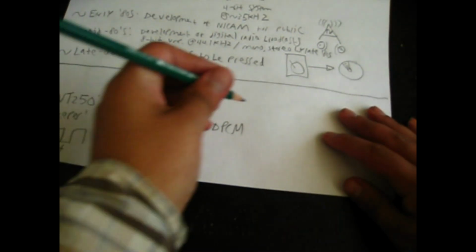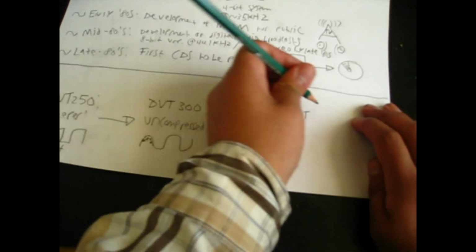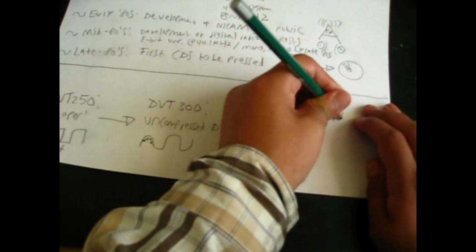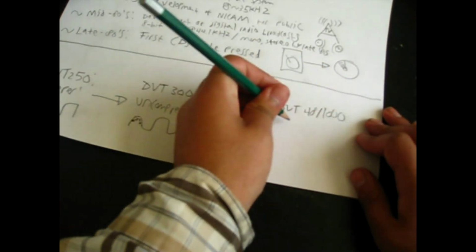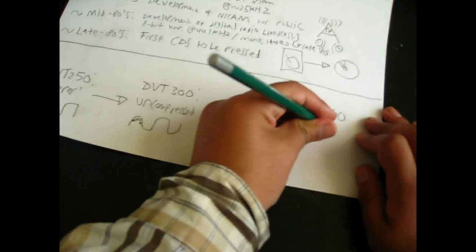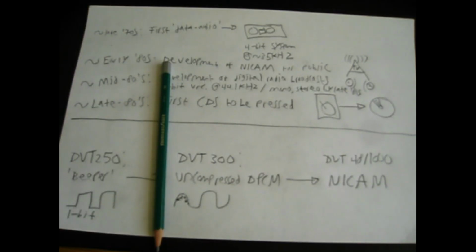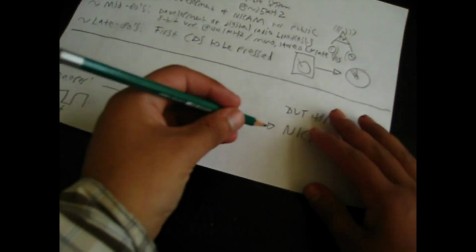However, of course, by DVT 480 and 1000 would pop up, those would likely end up using NICAM sound. An interesting little side note about NICAM is that in 1981, Germany introduced stereo sound, but without actually using NICAM. And this would likely still happen in our timeline because it's a completely analog system.